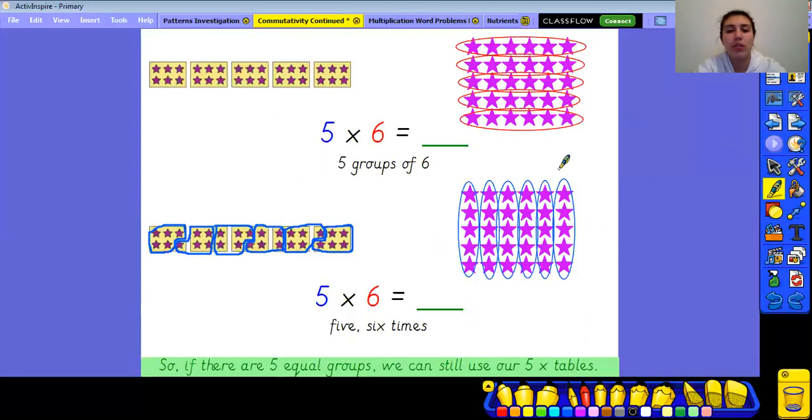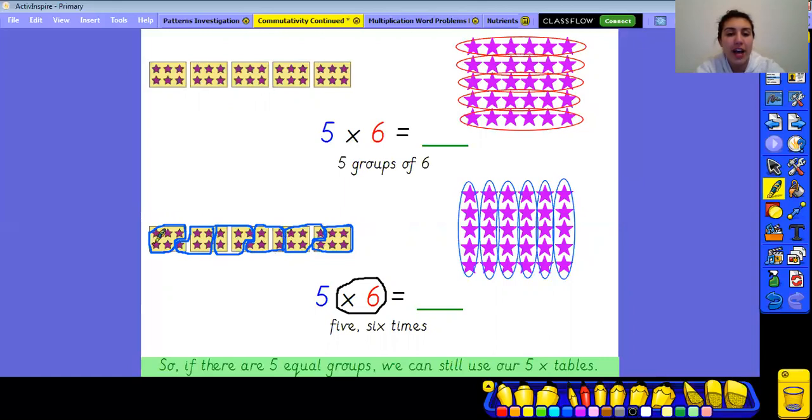because instead of looking at this as groups of, we can look at it as 5 6 times. So as you can see, what I've done here is instead of grouping them into 6 stars, I've gone over with my pen and instead I've put them into groups of 5 stars.